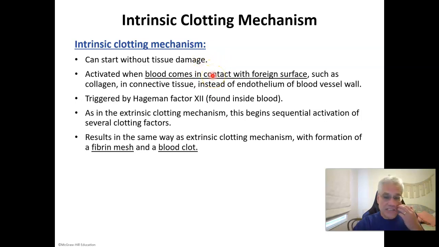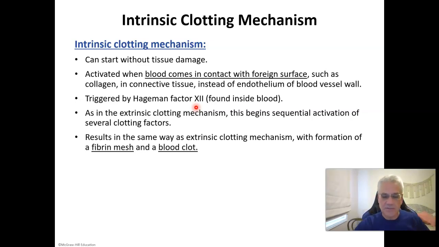When this pathway is activated, it is triggered by factor 12. So factor 12 is already inside your blood. It's called Hageman factor as well, so you'll see those terms. Factor 12 activates factor 11, which activates factor 9. We won't get into all the deep details.